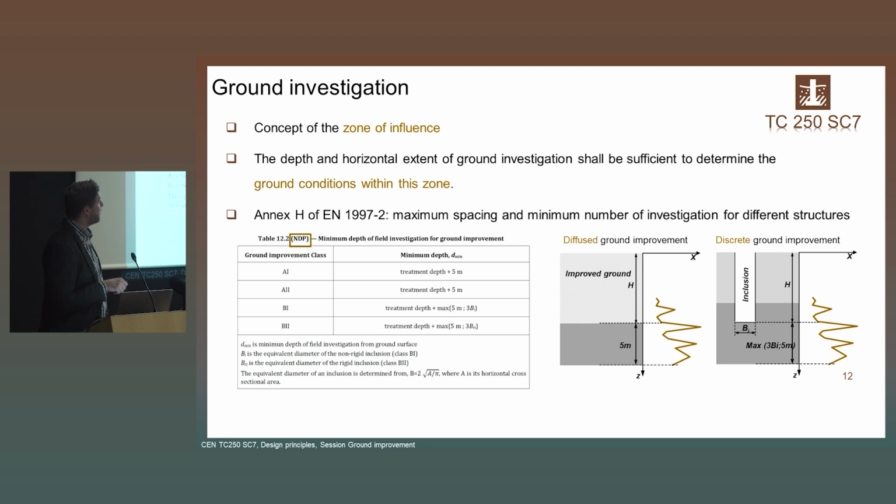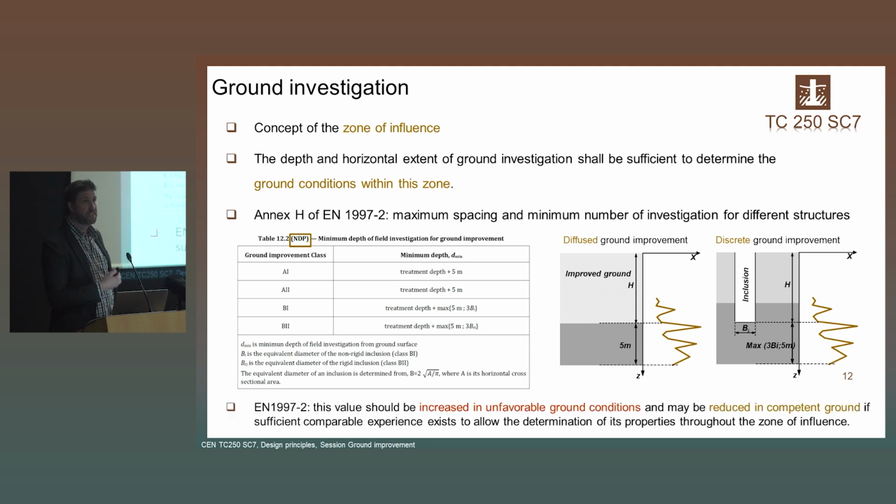For the discrete one, you perform the ground investigation 5 meters below the base of the rigid inclusions, or 3 times the diameter of these rigid inclusions. But do not forget engineering judgment and the analysis of the data you have on ground conditions; you can increase or decrease this information taking into account what you are expecting on site.